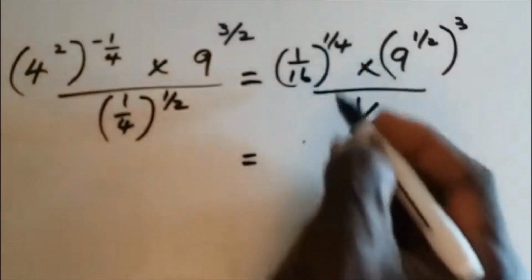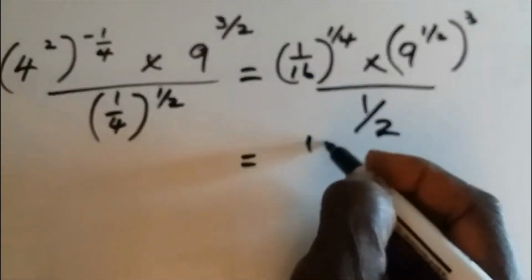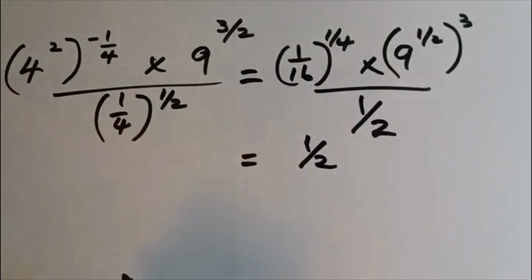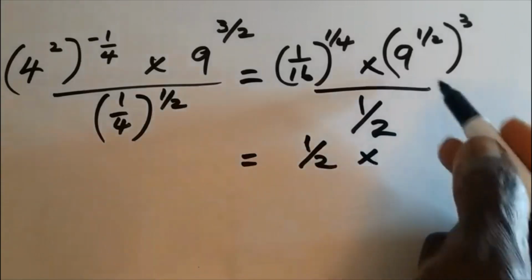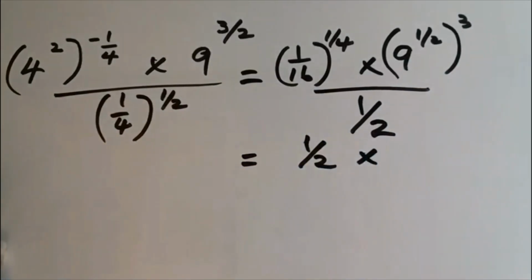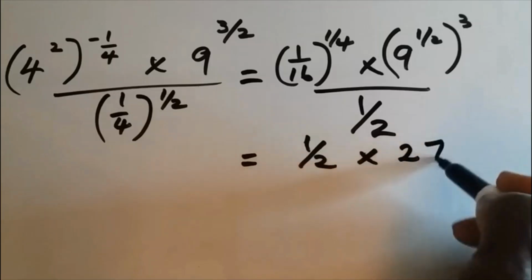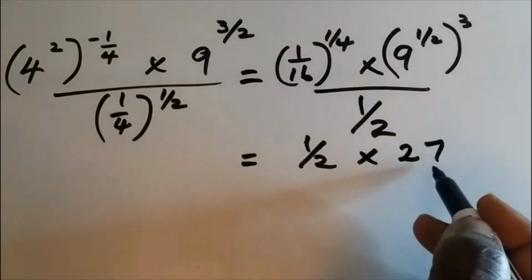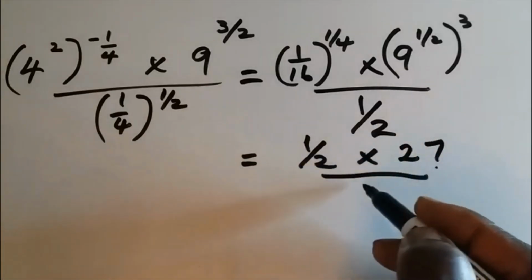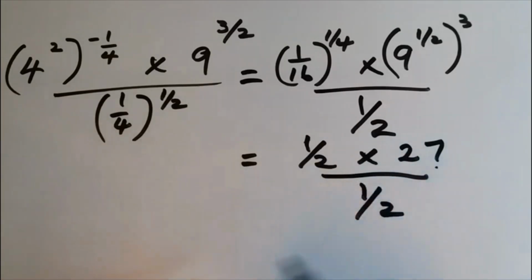So this evaluates to a half in the numerator. We know the square root of 9 is 3, and if we cube that, we get 27. And this is all divided by a half.